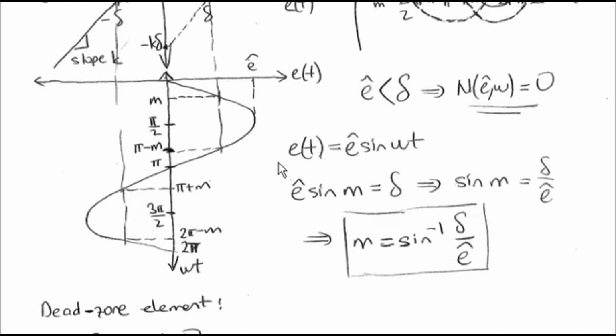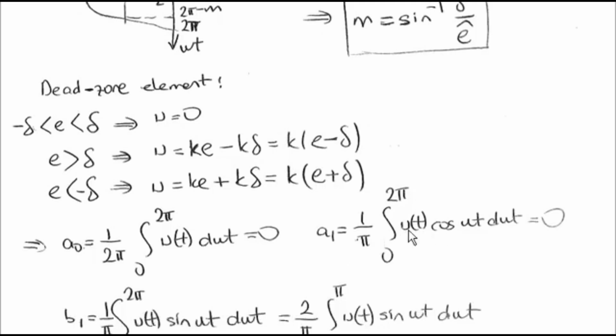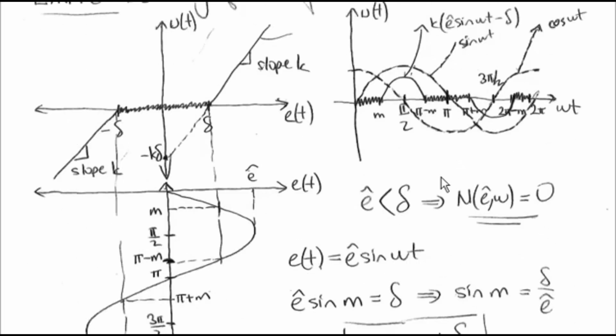Let us look at A1. A1 is going to be the integral of the multiplication of u of t with cosine omega t. I have again drawn this cosine omega t here. This is my cosine omega t. Now I want you to concentrate between 0 and pi. Between 0 and pi, this u of t is symmetric with respect to pi over 2.